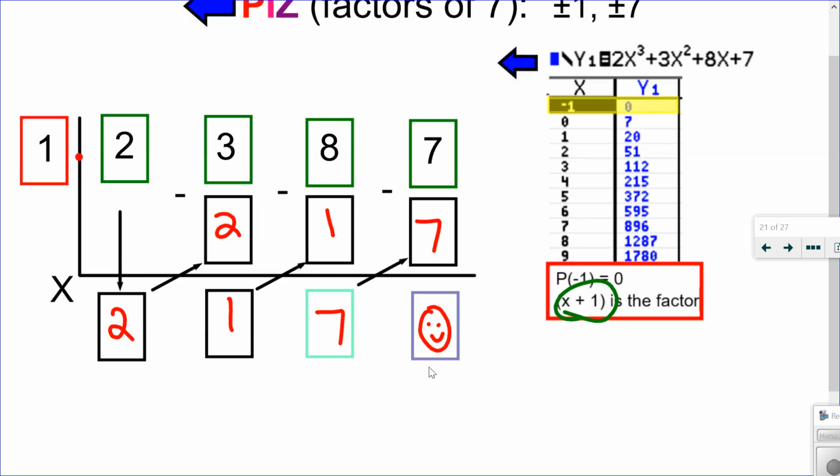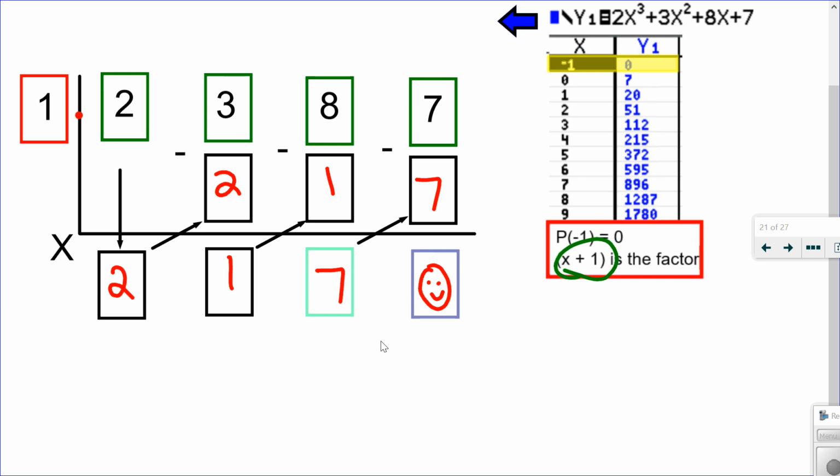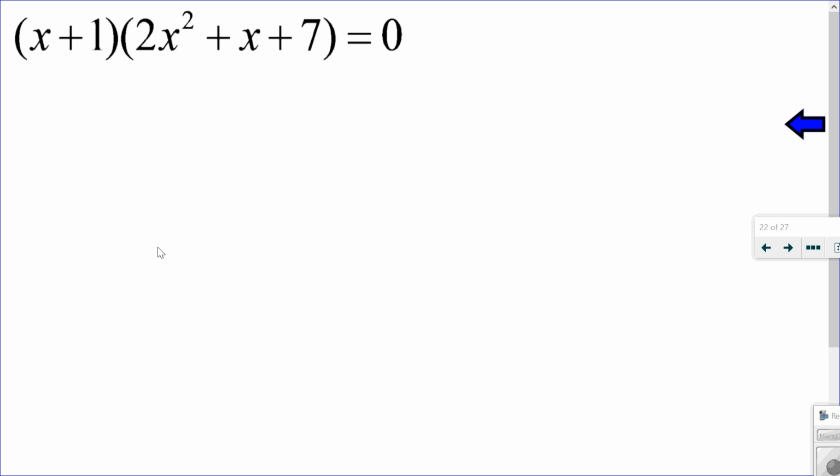So what I have right now is x plus 1 times 2x squared plus x plus 7. So looking at that, I want to now solve. This here cannot be factored. This is unfactorable. There are not two numbers that multiply to positive 14 and add to 1. So since it is unfactorable, I need to use the quadratic formula.